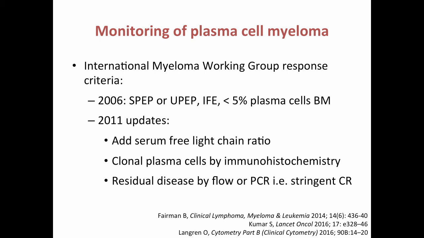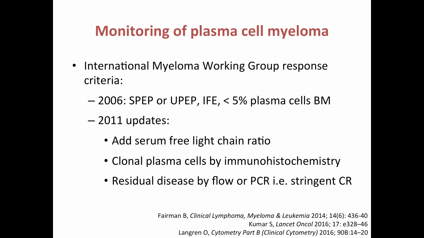Once a diagnosis of a plasma cell neoplasm has been established, there are an increasing number of therapeutic agents, including proteasome inhibitors, immunomodulatory therapy, and monoclonal antibody therapy.